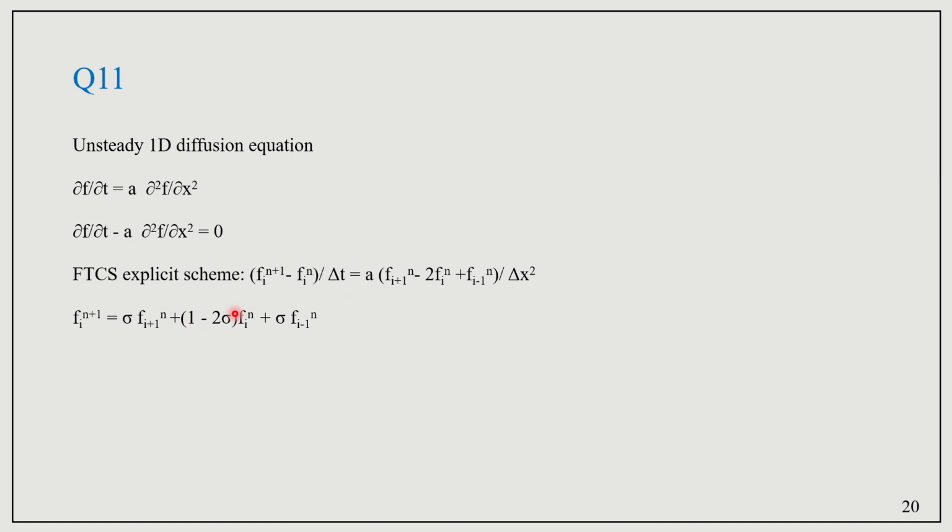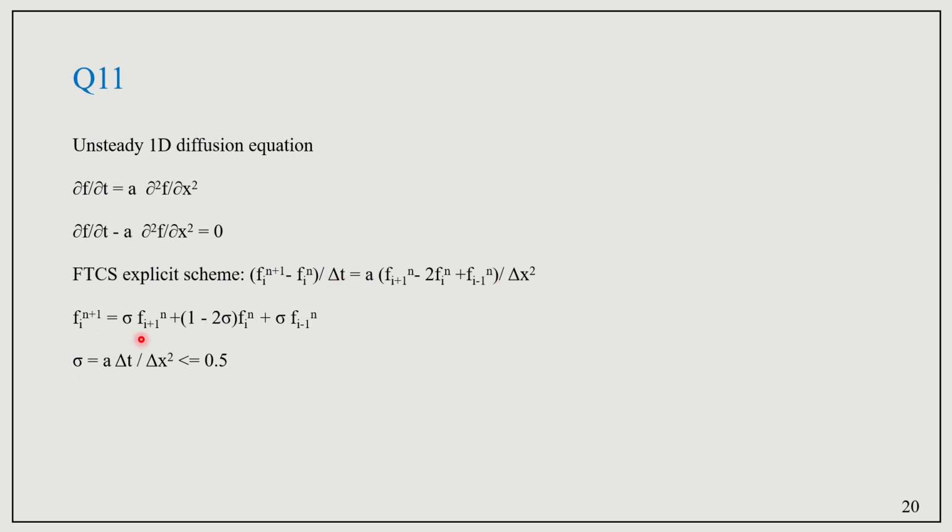So 1 minus 2 times sigma into fi at nth time step, plus again sigma fi minus 1 at nth time step. So we will get this equation. This factor we take as common and denote as sigma, so sigma equals a into delta t by delta x square.